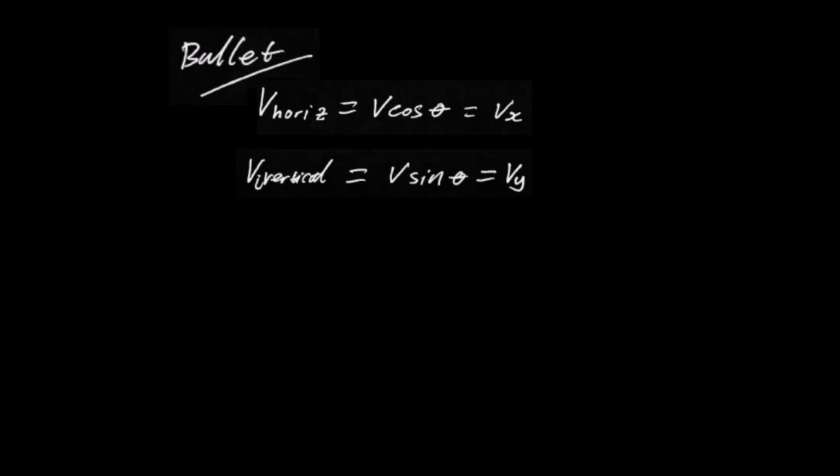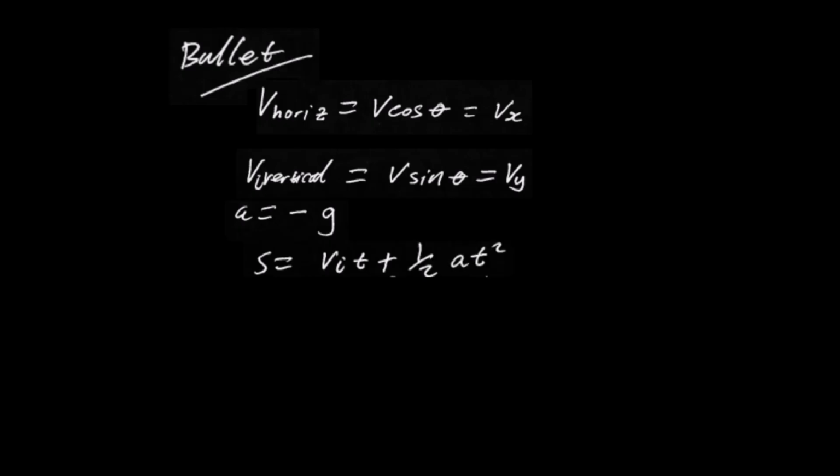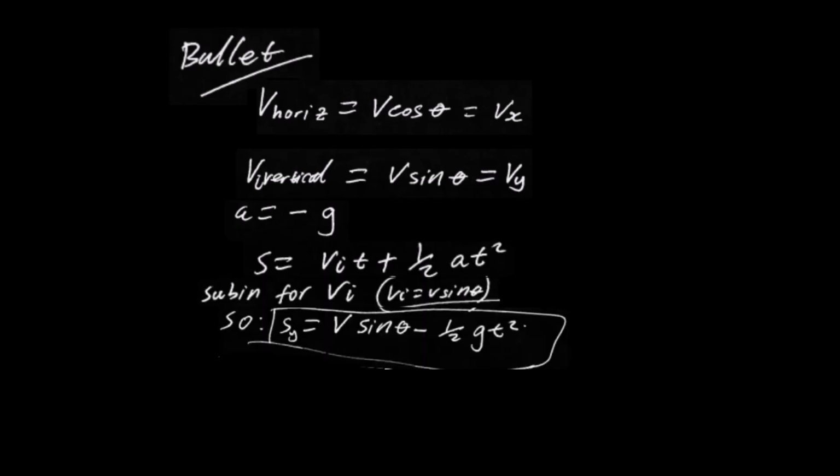The vertical component, Vy, will be v sine theta, and we know acceleration is negative g. Once again, taking into account VIT plus half AT squared, we can substitute in here for our initial velocity. So we find that the displacement in the y direction is v sine theta t minus half gt squared.